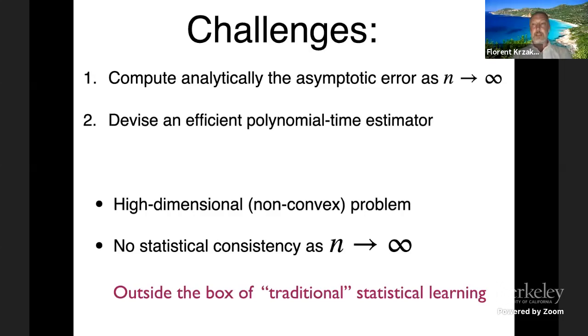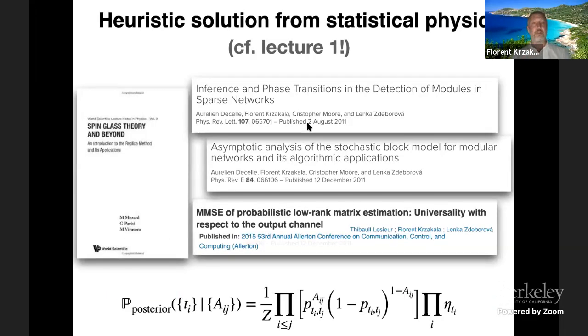Now, of course, given the title of this series and given yesterday's lecture, you might not be surprised that there is maybe one good way to solve this problem, which is to use what we learned in lecture 1, the approach given by statistical physics. Indeed, statistical physics provides us tools to answer precisely these questions with the replica method we saw yesterday and its little sister, the cavity method.